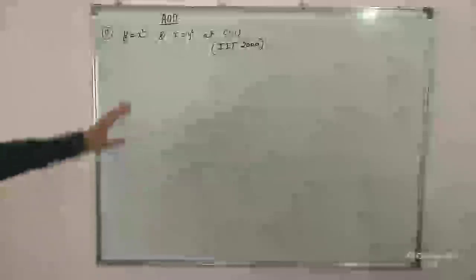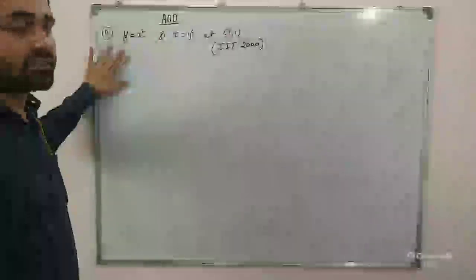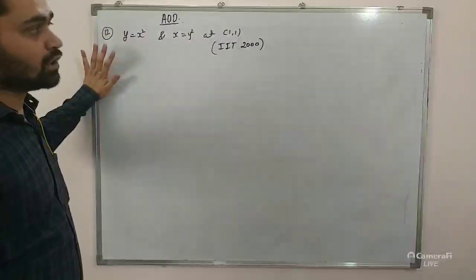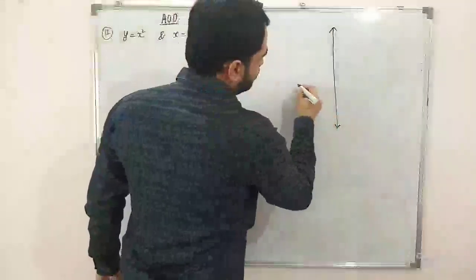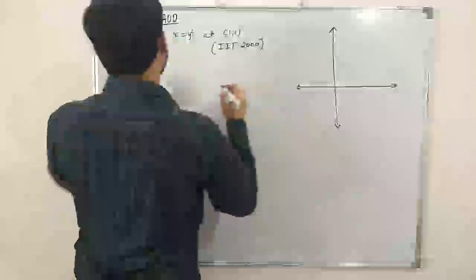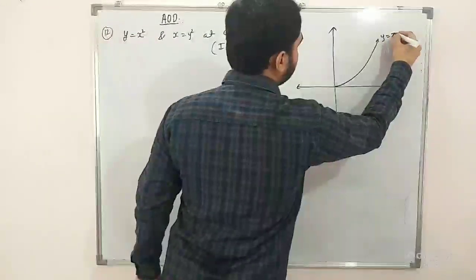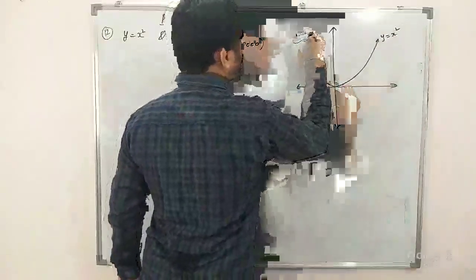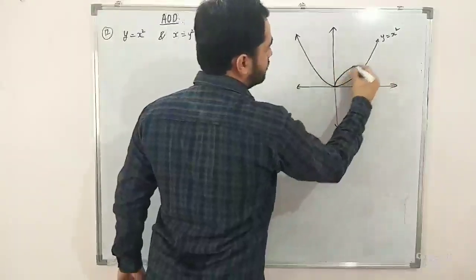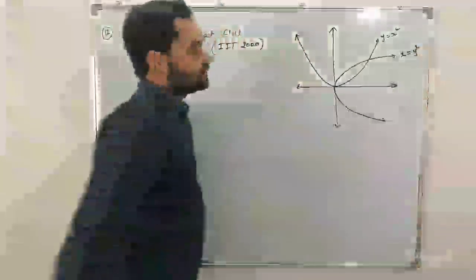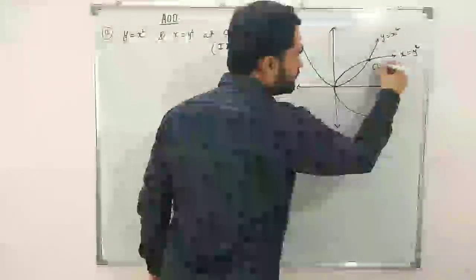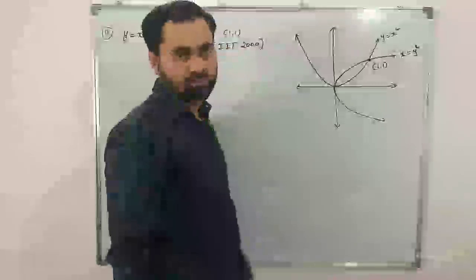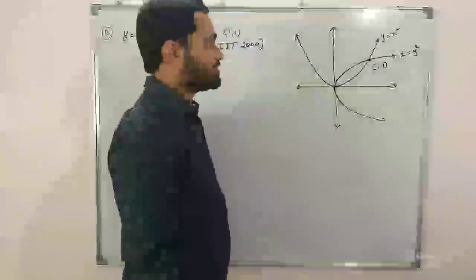So now here they are asking for the angle of intersection between these two curves. What is the concept behind the angle of intersection? If we have two curves, y is equal to x square and x is equal to y square, y is equal to x square is like this. Now x is equal to y square. We want to find the angle of intersection at the intersecting point 1 1, which is given.